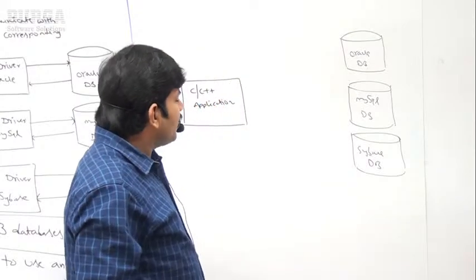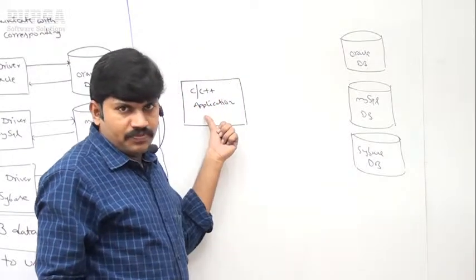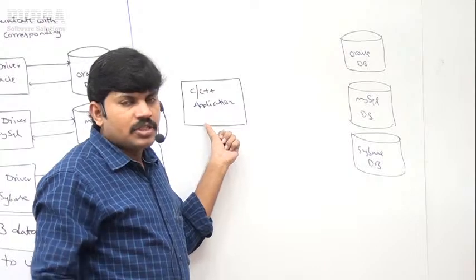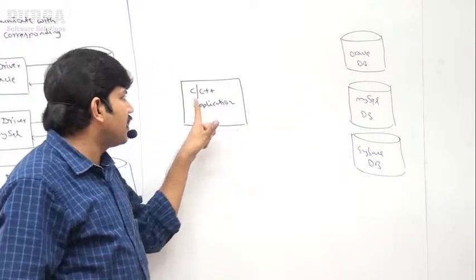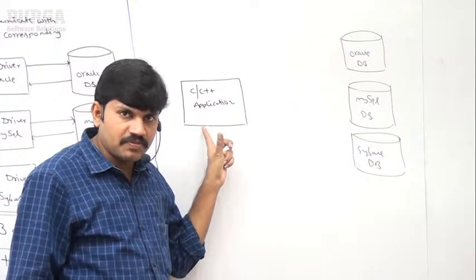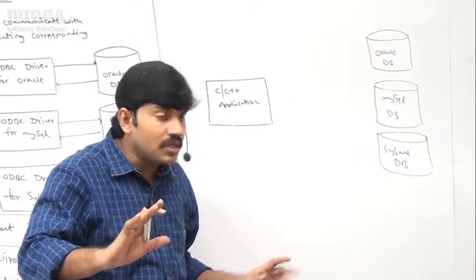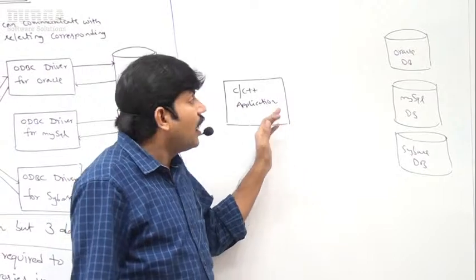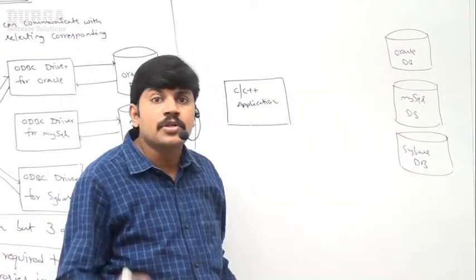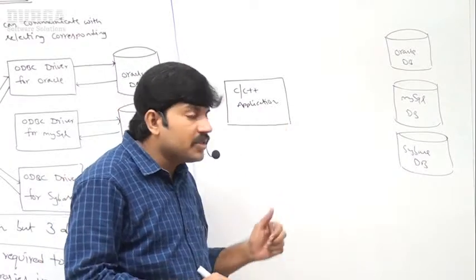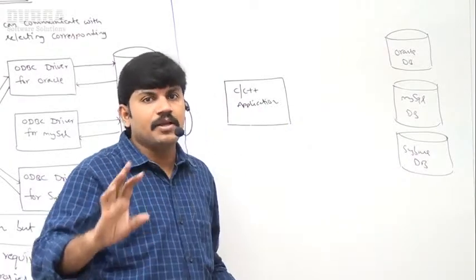But I have only one application, in C or C++. I don't want to use any database-specific libraries in my application. I want to use the same application to communicate with the Oracle, MySQL and Sybase databases. I want to make this application database independent.